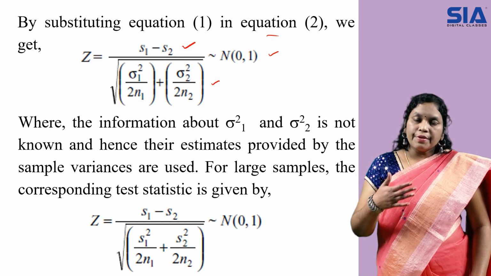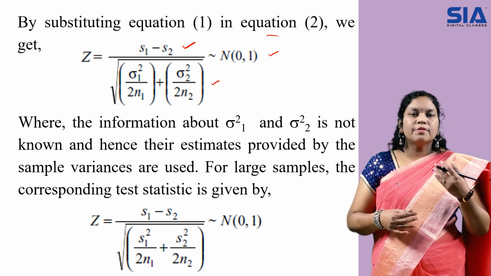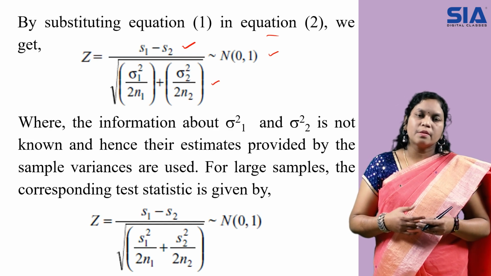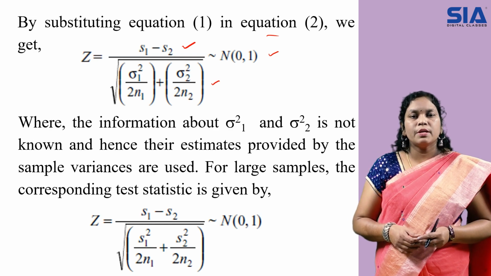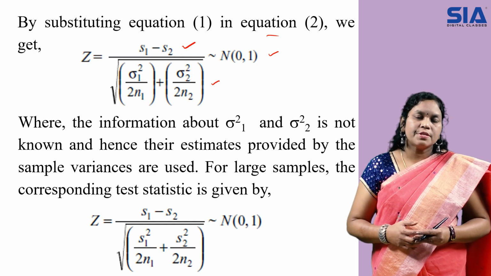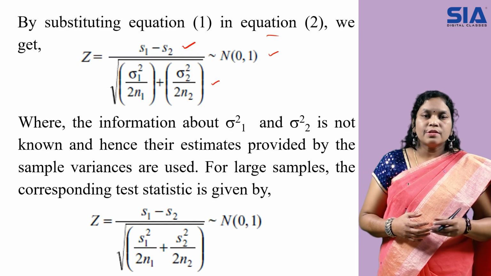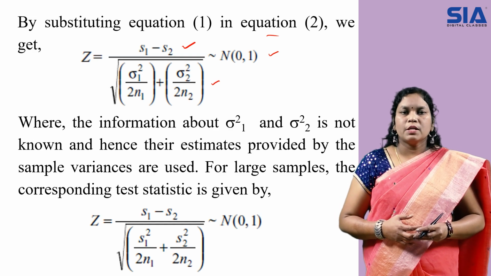Next, we have different situations based on the data. If they specify sigma 1 and sigma 2, how to utilize the formula. If they don't specify population standard deviations, and instead we have sample standard deviations, how to go for the difference of standard deviations formula. Let us check those different formulas also.